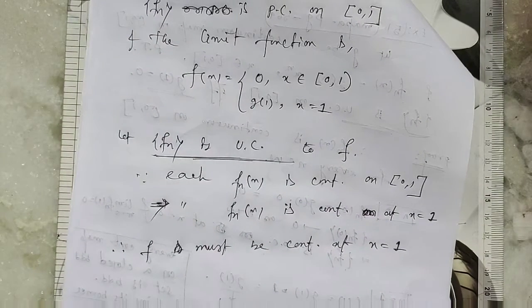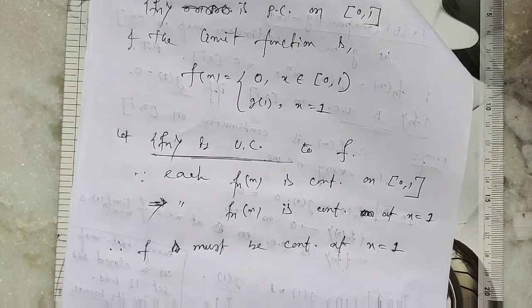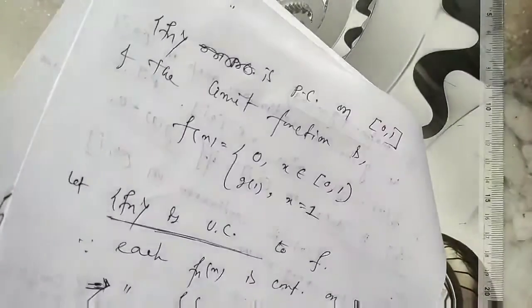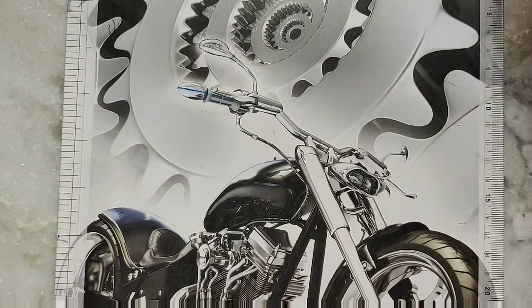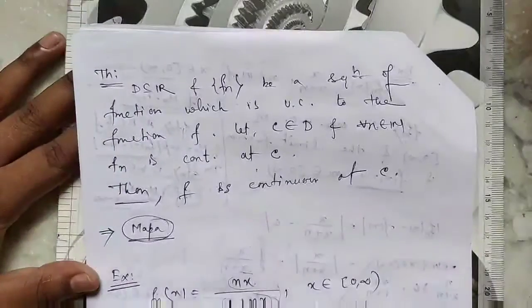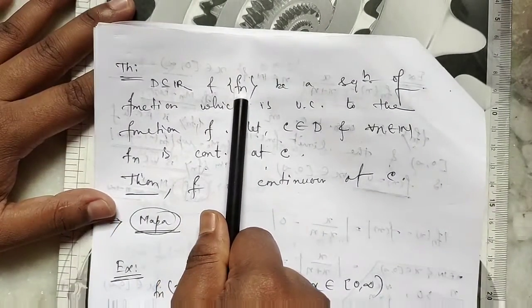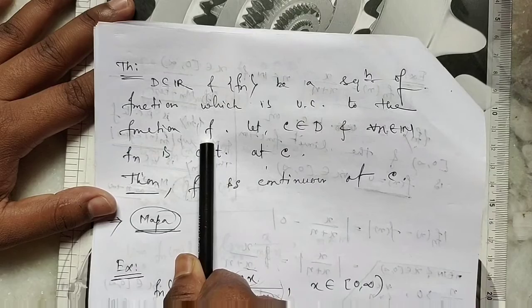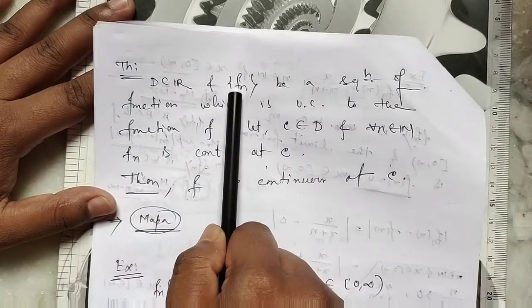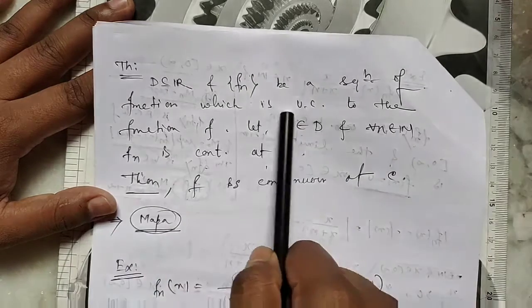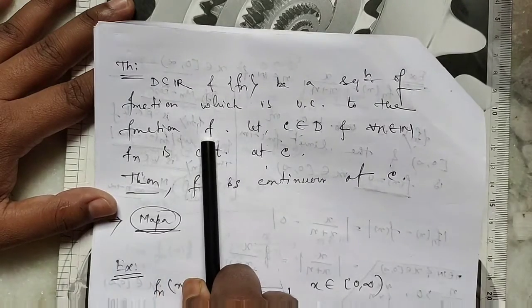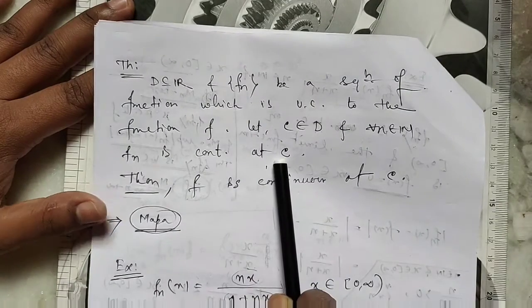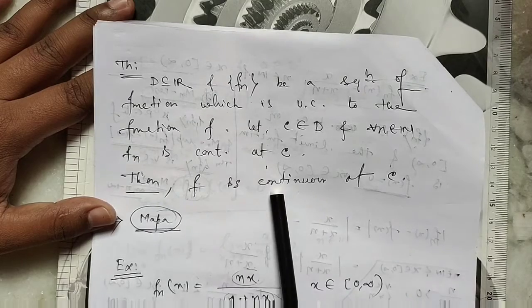Because in previous classes we discussed a consequence of uniform convergence: if the domain is a subset of R and fn is a sequence of functions which uniformly converges to the function f, and each fn is continuous at c, this implies the limit function is also continuous at c.